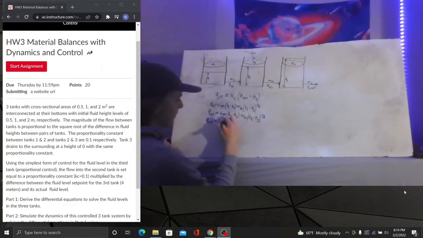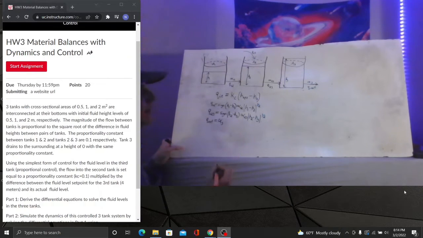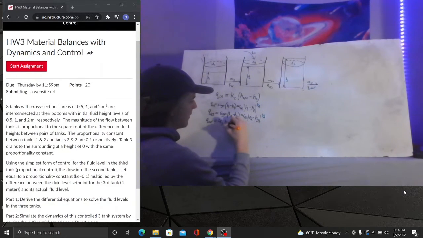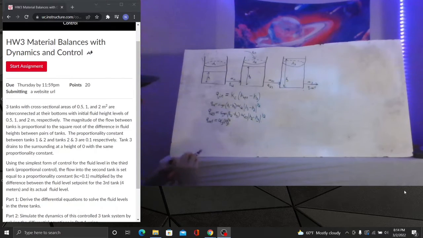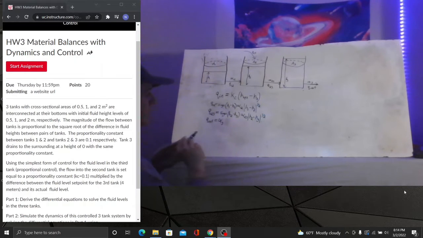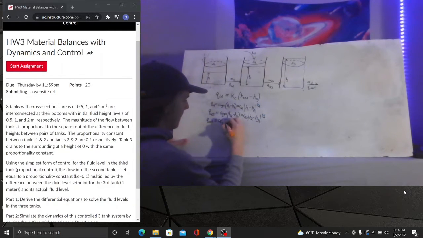So we're just going to have our proportionality constant, and then times our height 3 square root, like that. Let me write this out a little bit nicer. Height 3 square root.